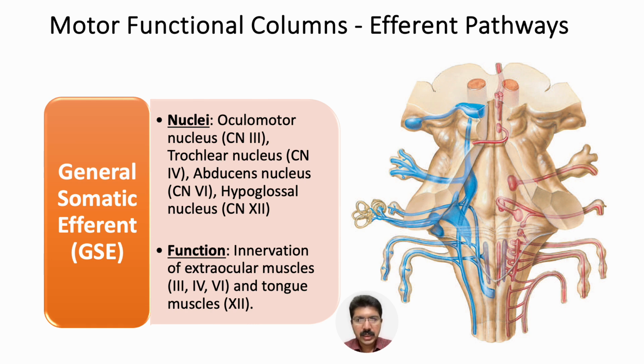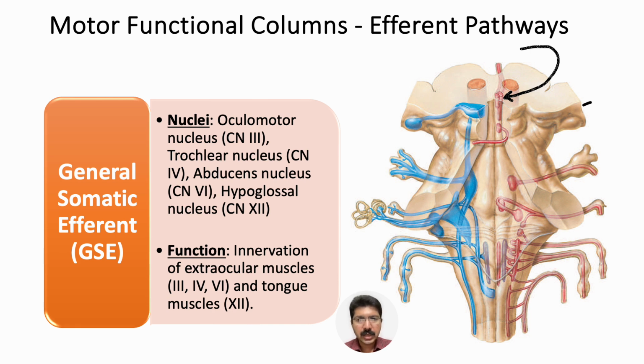tongue. These include the oculomotor nucleus, located in the midbrain at the level of the superior colliculus, and controlling most of the extraocular muscles responsible for eye movement, specifically the superior rectus, inferior rectus, medial rectus, and inferior oblique muscles.